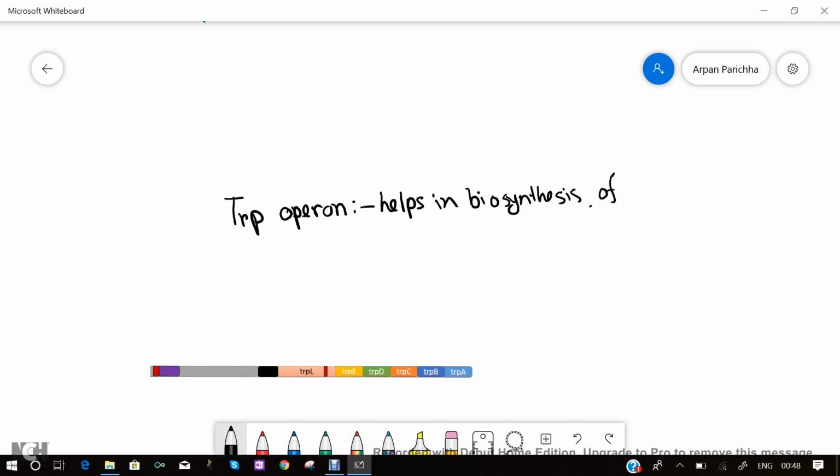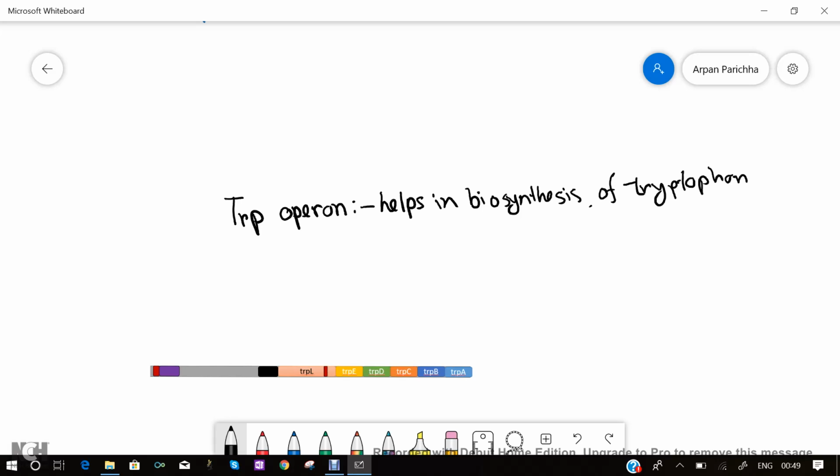In order to produce a hell lot of enzymes, they need to produce amino acids. One of those amino acids is tryptophan, and tryptophan is an important component of many proteins. So tryptophan needs to be synthesized all the time because they need tryptophan for building proteins.